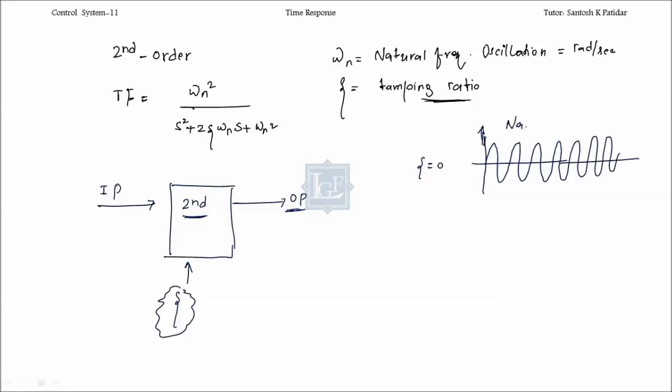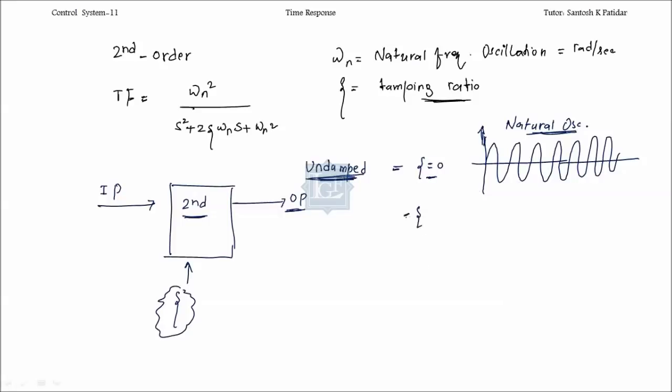Okay, these are the natural oscillations. Correct? When zeta is 0, this system we call the undamped system. Definitely, if you undamp the system, it will have natural oscillation. Okay, when zeta will be 0, you get this.